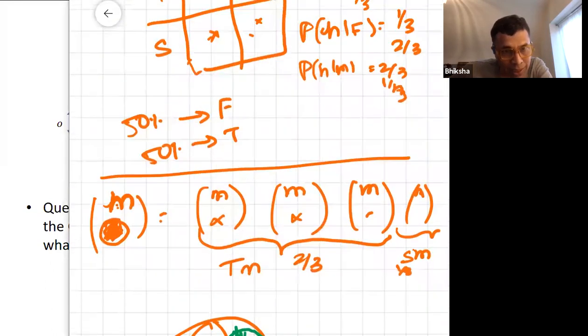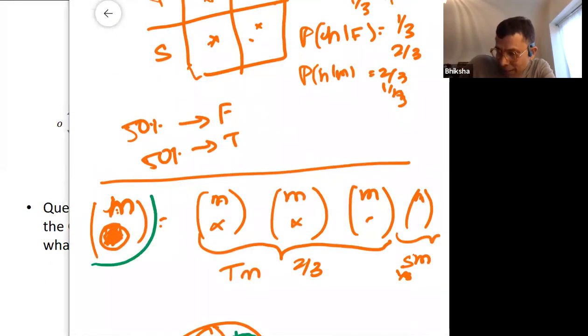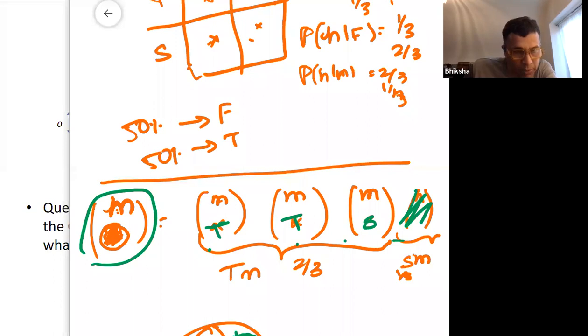So going back here, if somebody gave me this data, I'm going to complete it by making many clones of it, but in 2/3 of them I'm going to write tall, and in 1/3 of them I'm going to write short. That's how I've completed it. Was that clear to everybody? Raise your hands.